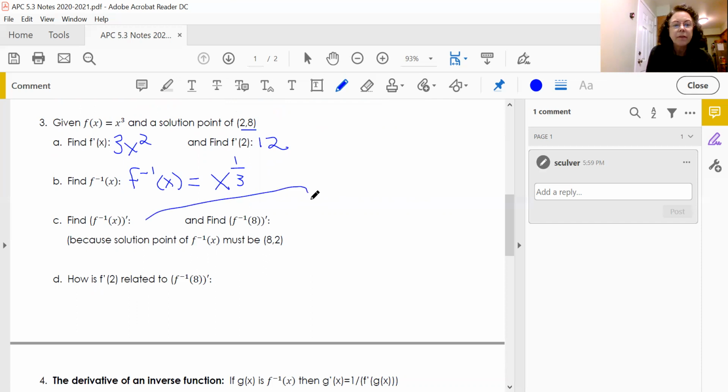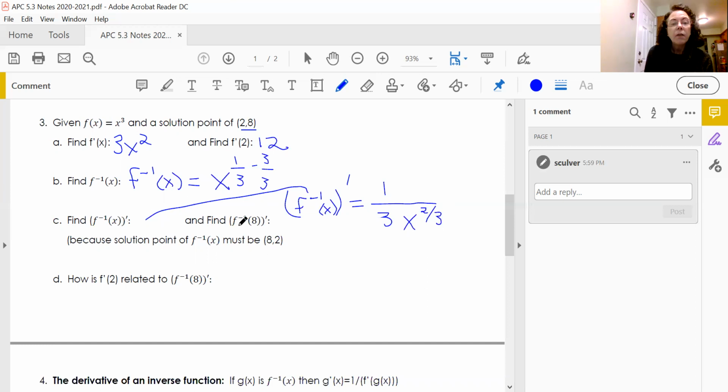The derivative of the inverse then is, I'll bring the 1/3 out front and multiply it and reduce the exponent by 1. That's a -2/3. I will put that in the denominator as a +2/3. So there's the derivative of the inverse.